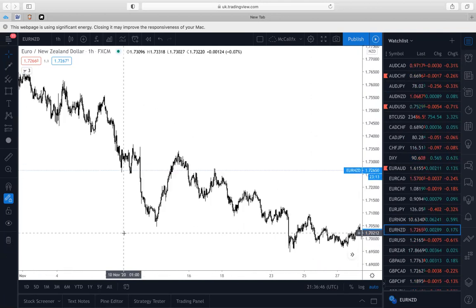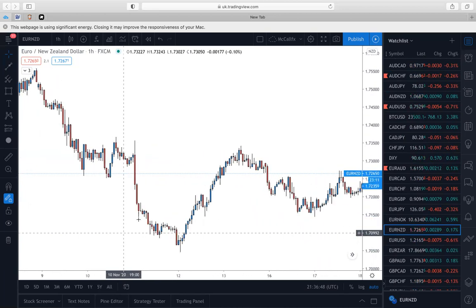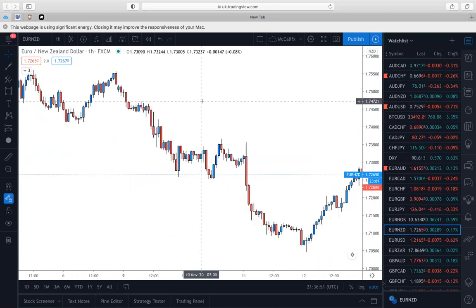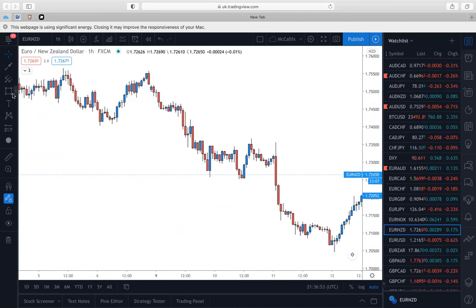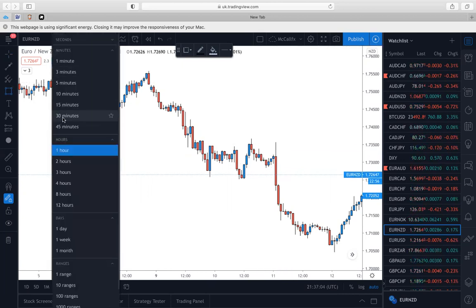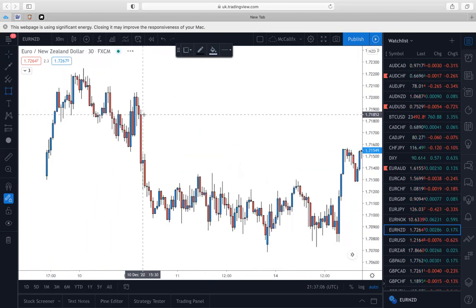Okay, so let's look at something around the side. This was a very strong move to the downside, right? Once you have that strong move, meaning there is a lot of orders around that region, all you have to look for is where the order was being placed.